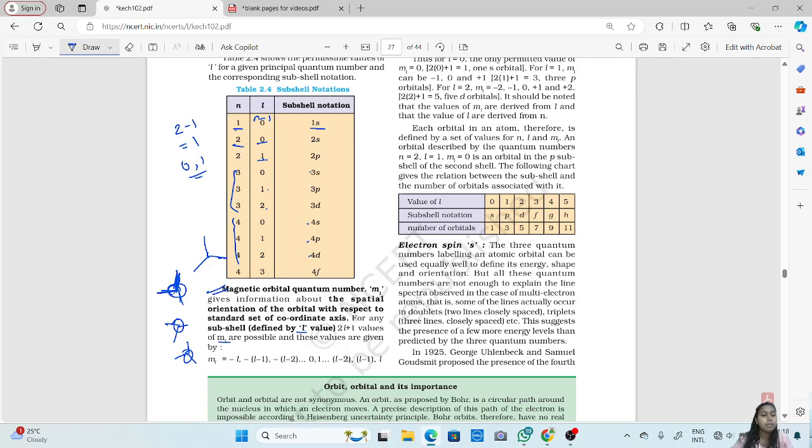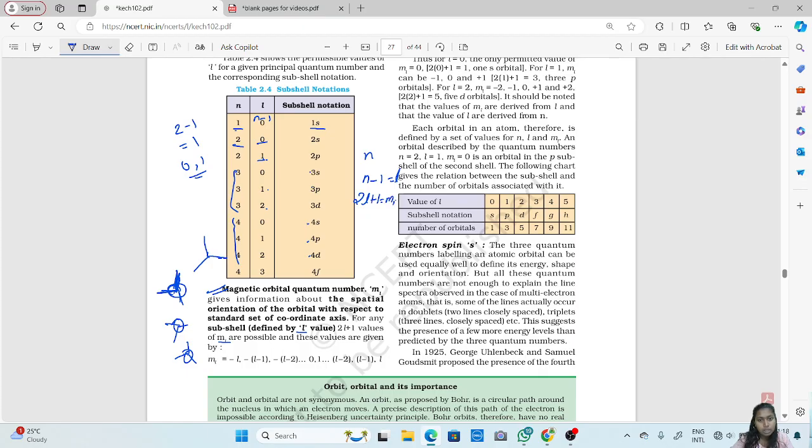Okay, now how will you get the magnetic quantum number? How do you get the principal quantum number? It is the number of shells, that is n. How do you get the azimuthal quantum number? It is n minus 1 equals l. Now, how will you get the magnetic quantum number? The formula is 2l plus 1.